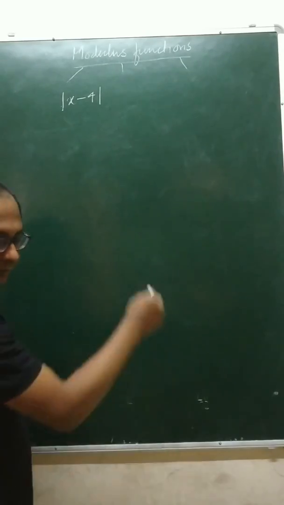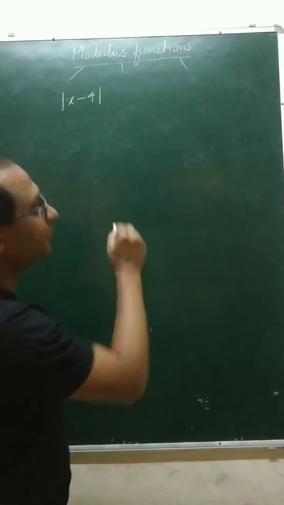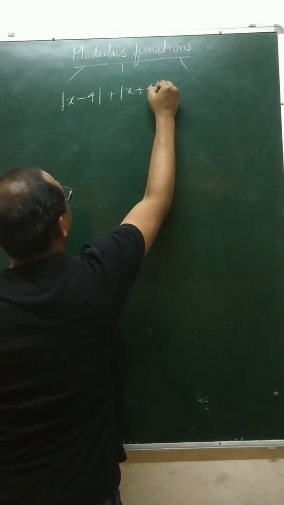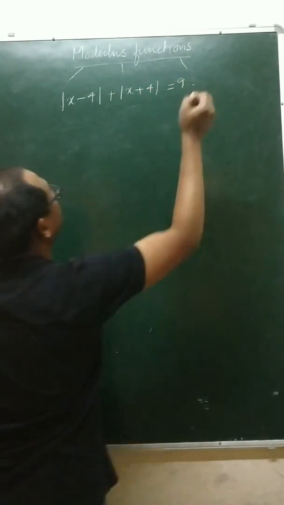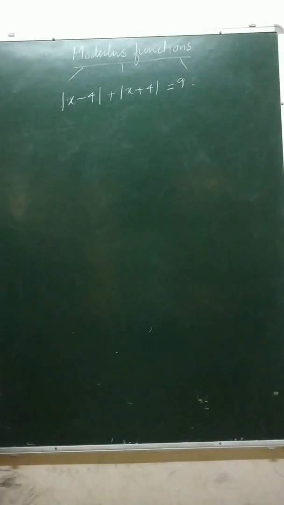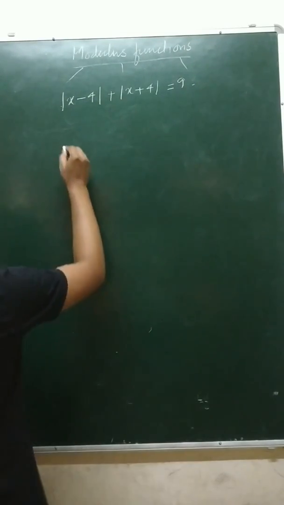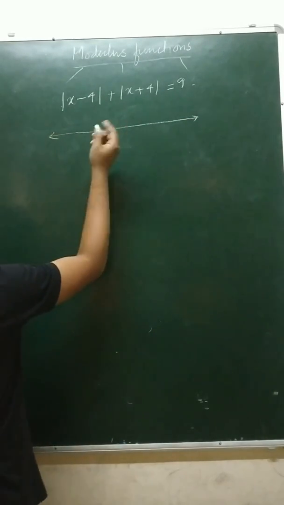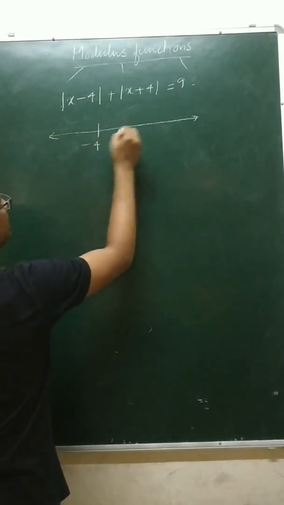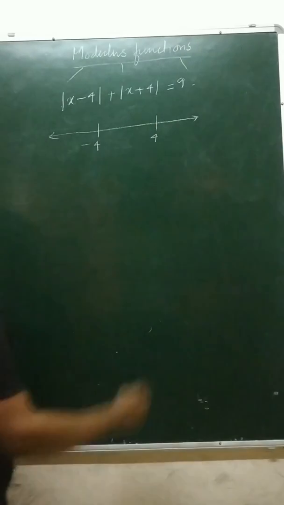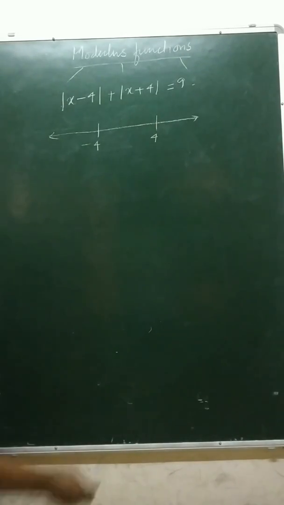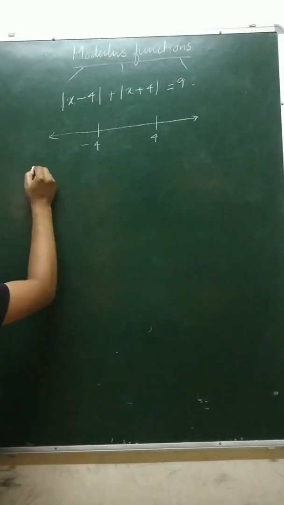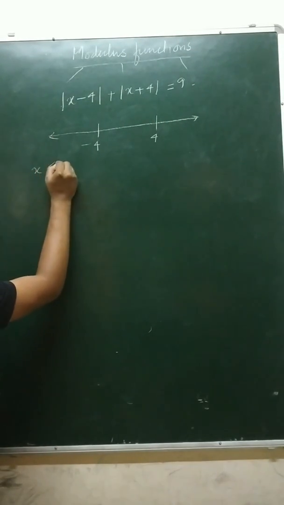Modulus of x minus 4 plus modulus of x plus 4 equal to 9. Again here the critical points are obviously -4 and 4. So it divides the entire number line into 3 intervals. So we'll work on them one by one. x is less than minus 4.